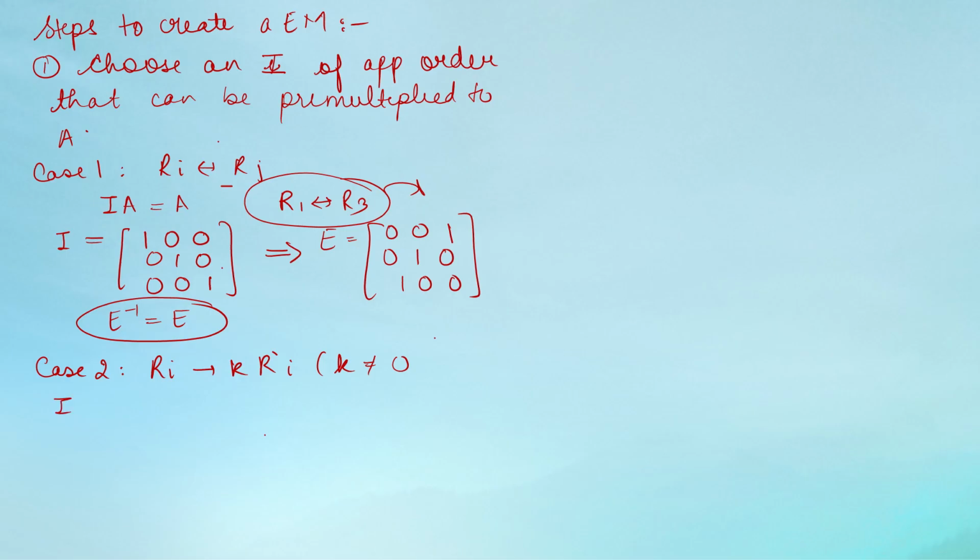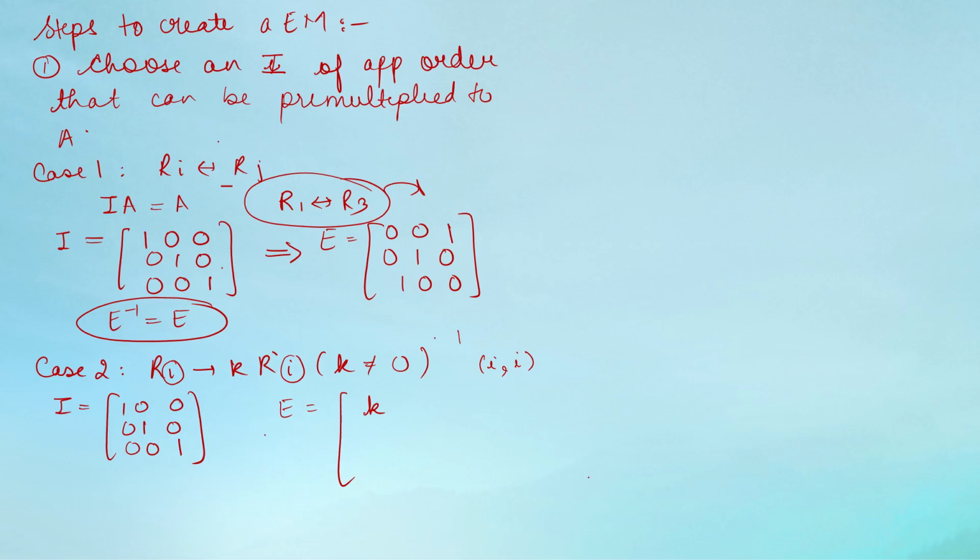Whenever we have the row multiplication case, whenever we are handling any question, work with a fresh identity matrix so that you can understand better. Let's say we have K here. So our elementary matrix in this case will be: we'll place K at the I comma I-th position.